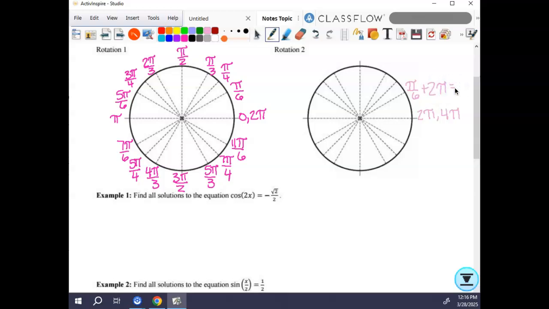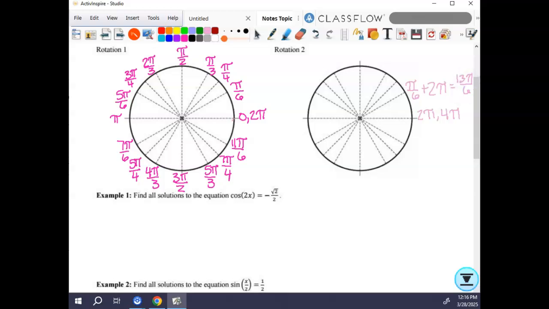When I add that, I don't want to have to think too much about fractions. But if we're thinking fractionally around the circle like we have, I know that the way we can know for sure we're at 11 pi 6 here is that 2 pi is 12 pi 6, and we back up 1, right? So for pi 6, I want to think about 2 pi as 12 pi 6. If I take 12 pi 6 and add it to pi 6, that gives me 13 pi 6.